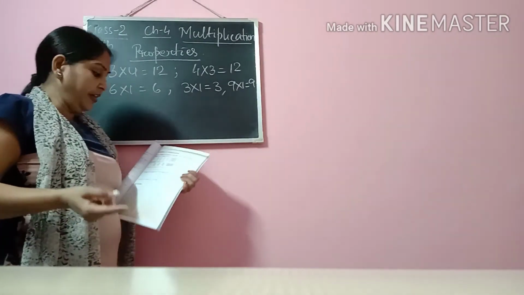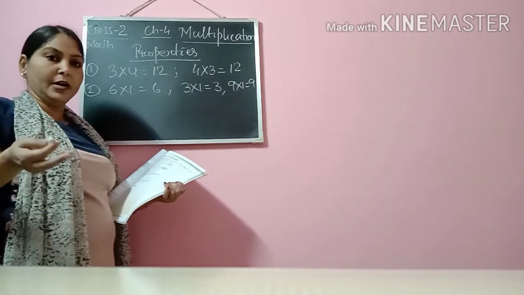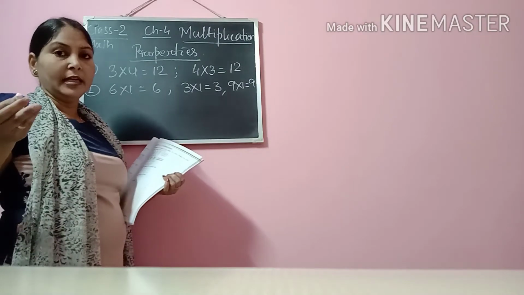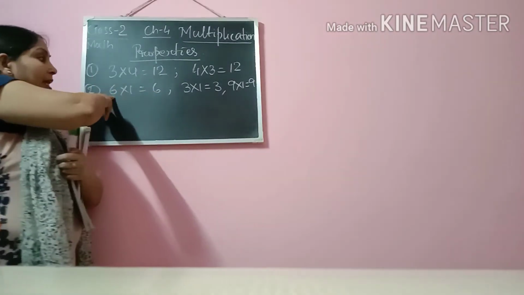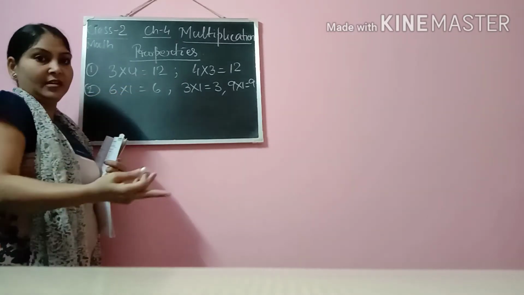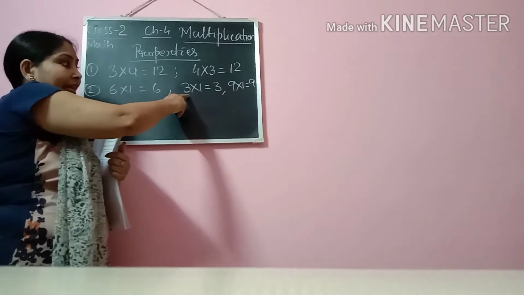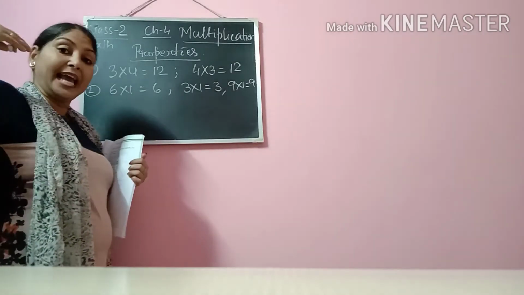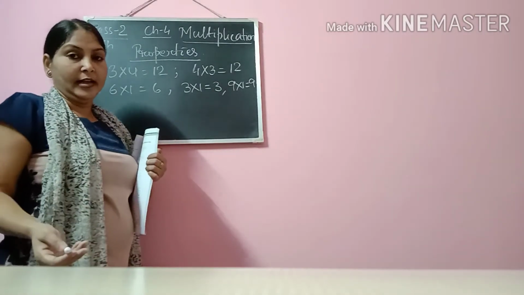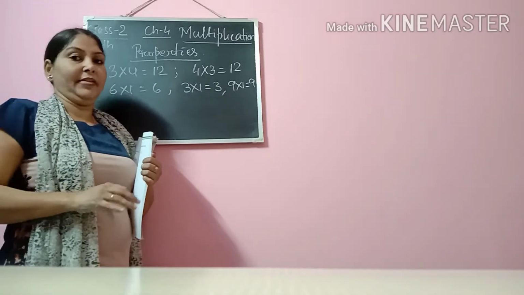Okay. So whenever we multiply any number with 1, the product is the number itself. So I am multiplying 6 by 1, getting answer 6. When I am multiplying 3 by 1, the answer I am getting is 3. So whenever I multiply any number with 1, the product is the number itself.